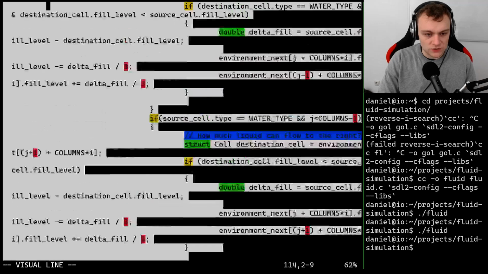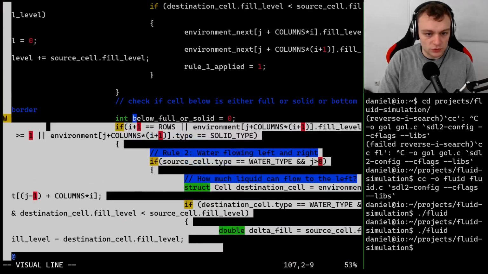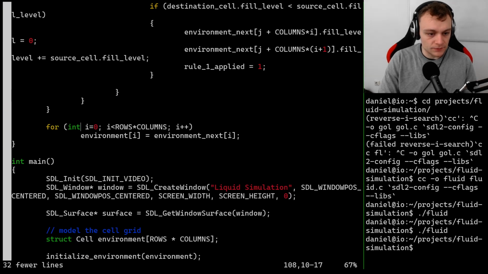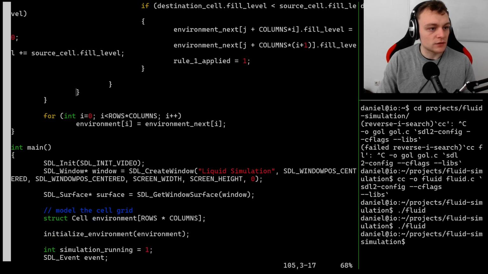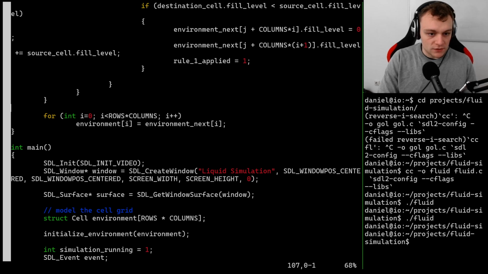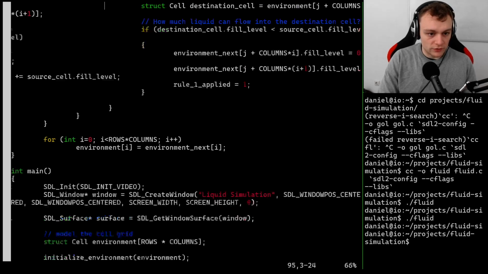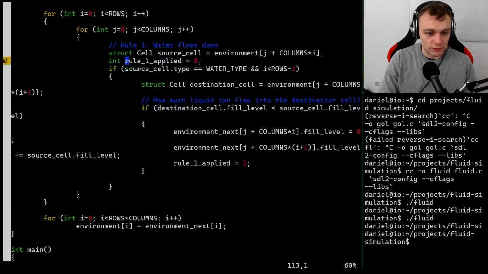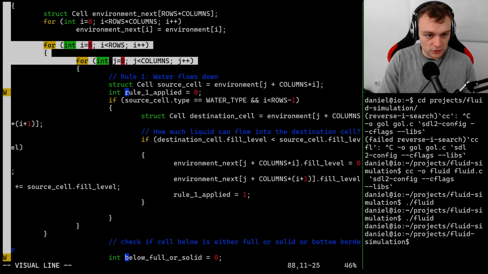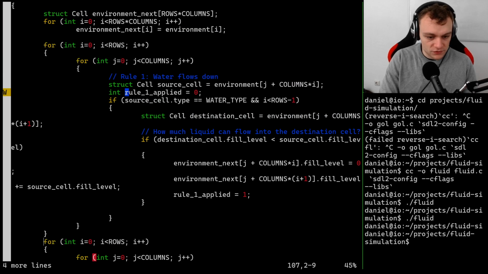Yeah, then we can extract out rule number 2, which is this. Let me make it a bit smaller. Yeah, that should be okay. So we are looping over all the cells using rule number 1. And then we are looping over all the cells using rule number 2.